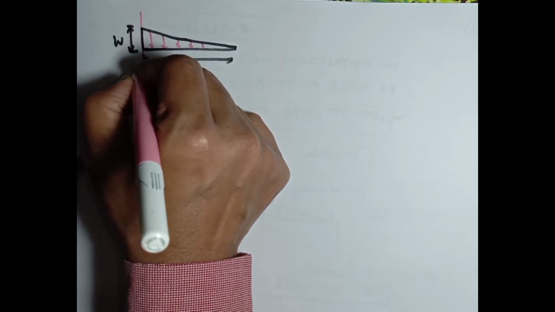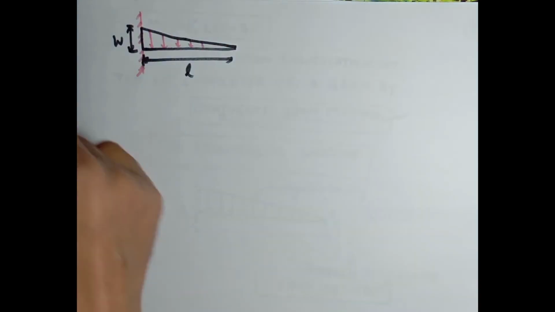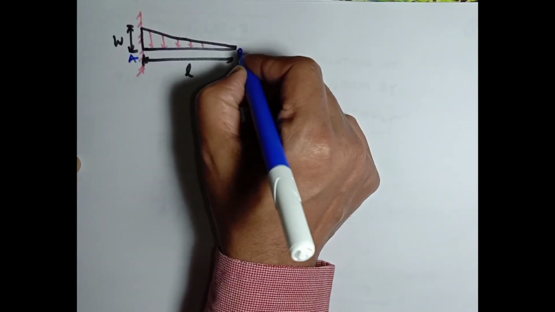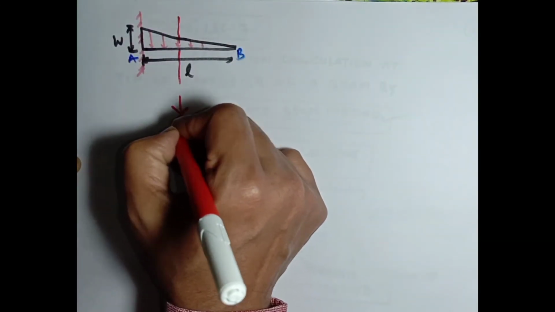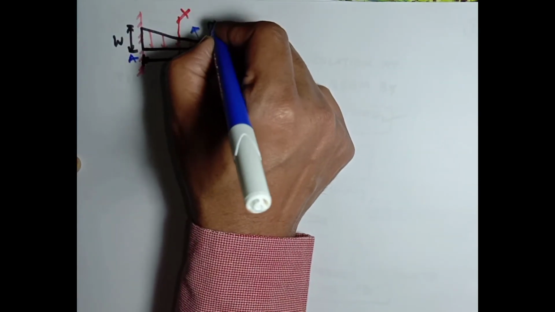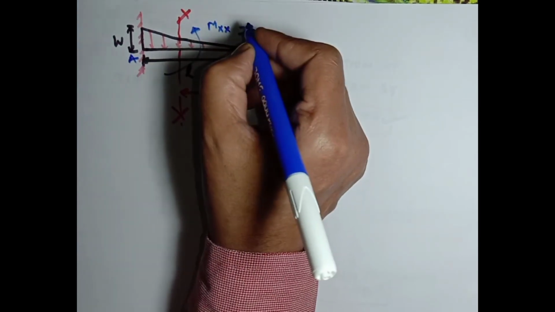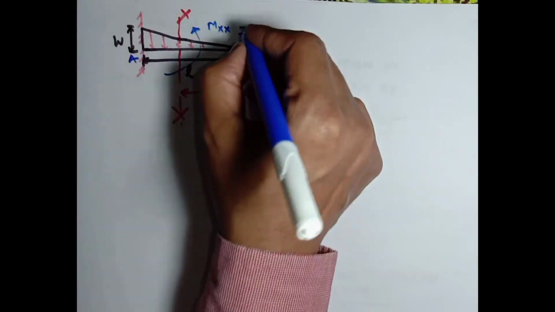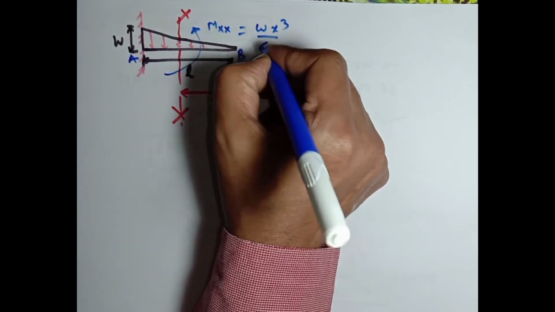This is the fixed support, this fixed end is A and the free end is B. For any section xx at a distance of x, we have calculated Mxx as W x to the power 3 divided by 6L.